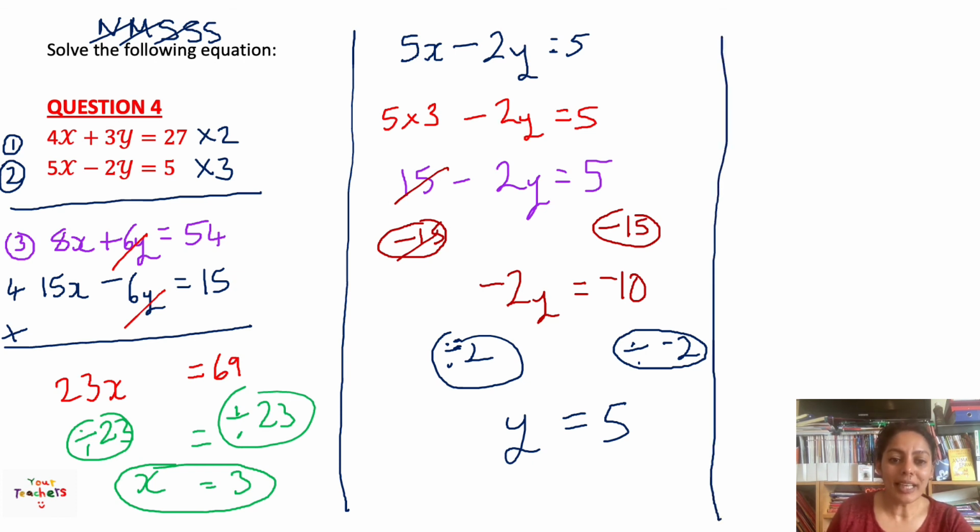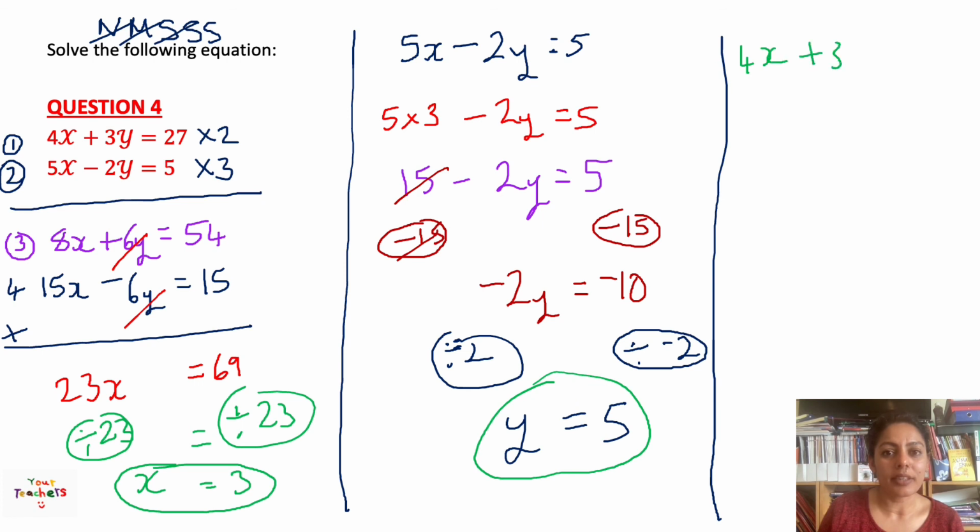Okay, so now I've got to substitute them both and see if it works. Let's choose equation 1. So 4x plus 3y equals 27. So 4 times 3 plus 3 times 5 equals 27.